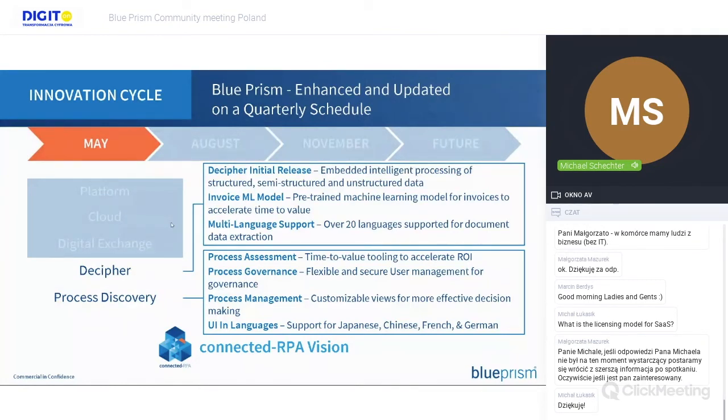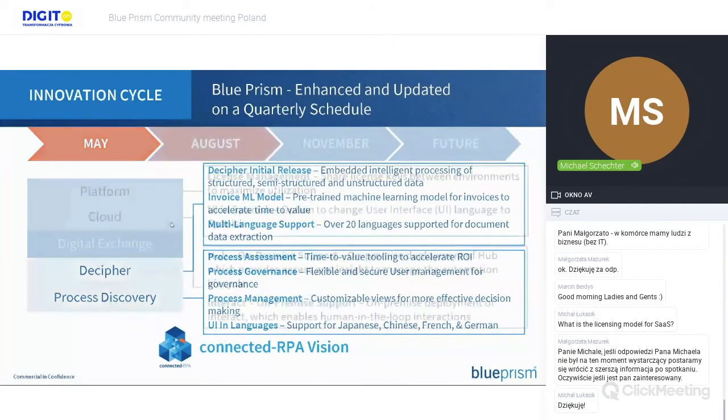And if you talk about process discovery, it's about process assessments, time to value tooling to accelerate ROI, improving process governance, who has access to specific processes in process discovery, process management, and improvement in UI.